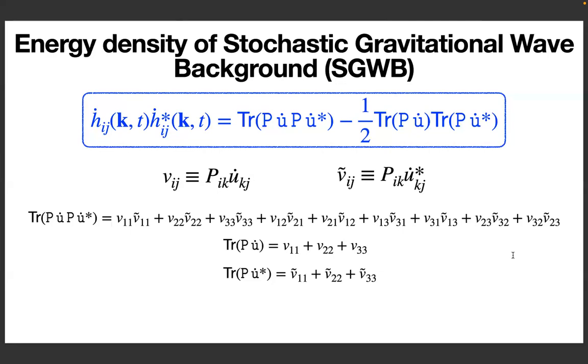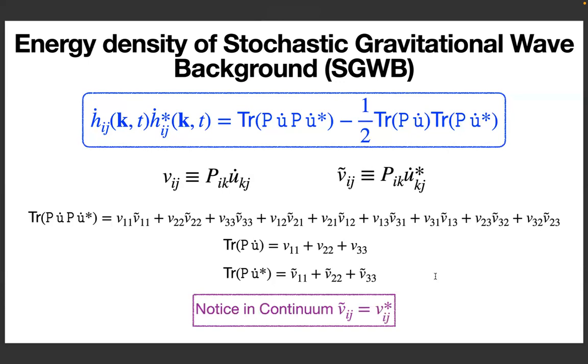I just write down directly what the trace of this matrix multiplication will be. And just to notice that the complex conjugate of these B tensors, let's call them, is equal to the tilde tensor that I am calling here in the continuum. This is because the projector P in the continuum is real valued, but on the lattice this is not the case, and I will show you later why.